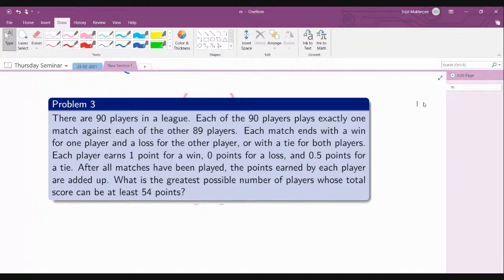After all the matches have been played, the points earned by each player are added up. What is the greatest number of players whose total score can be at least 54? Ah, this is interesting.